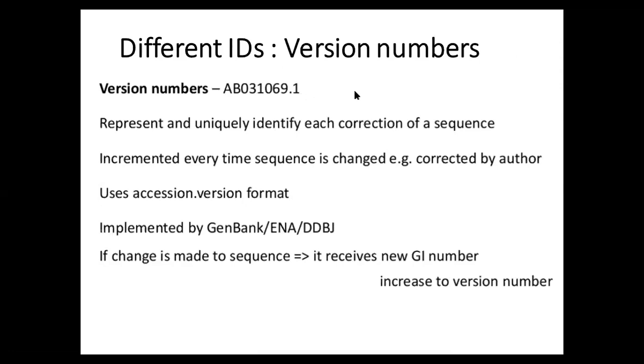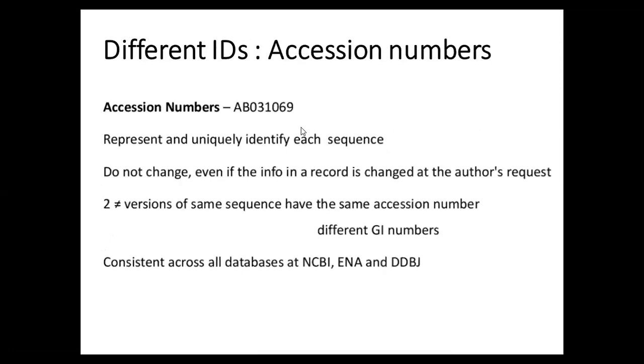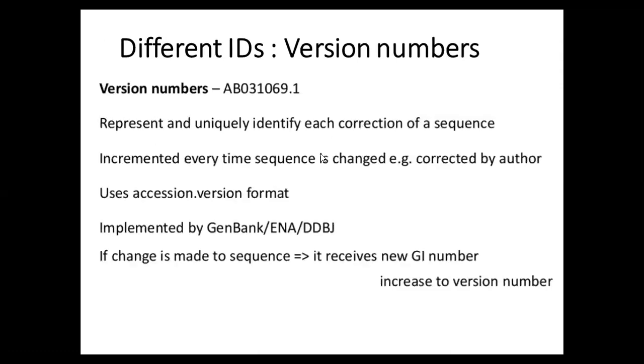And the version number is something else. It would represent and uniquely identify each correction of a sequence. So if there's a corrected version, it would have a number like .1. After the accession number, there's .1 if that's the first version, .2 if that's the second version, and so on.